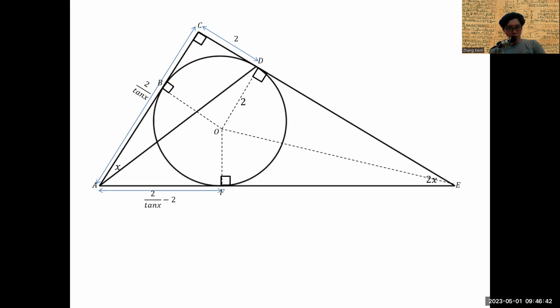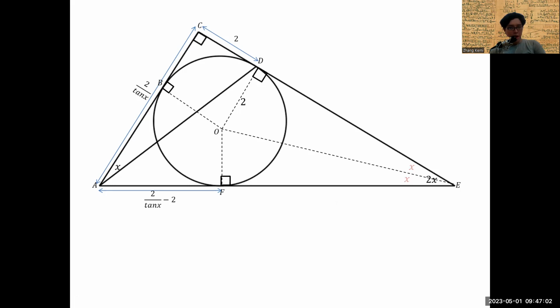Now I'm going to draw another line, OE, joining O and E. And you will see that it forms another case of two tangents intersecting at the common point E. So thus, DE and FE are equal in length.